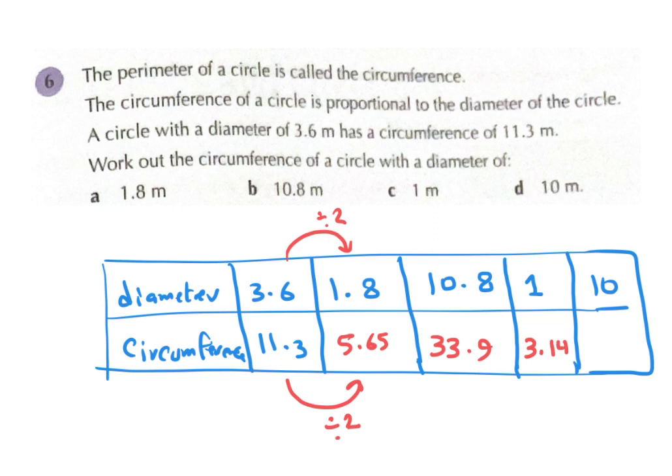Okay, now the last one. You can deduce it because we multiply by 10, multiply by 10. So 31.4.